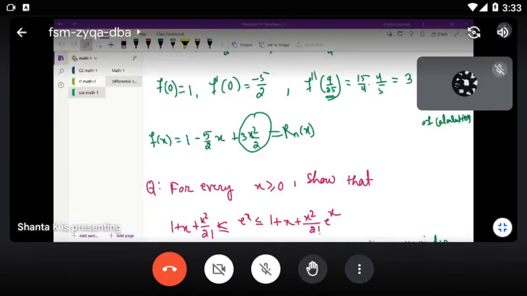Arnab, are you done with this question? No, ma'am. Actually, in the last class, at the end I got disconnected. Okay, I'm showing you.